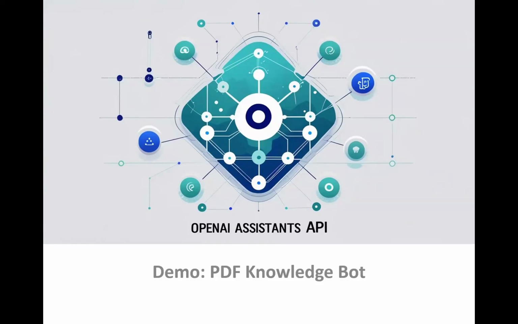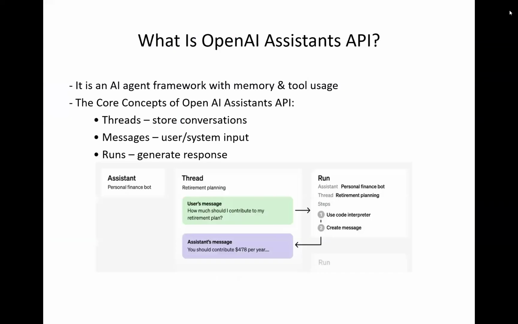We'll just discuss the demo version, what is what. You people know that with OpenAI we can do so many things. Here the demo use case is a PDF knowledge bot. That is what we are going to see. Okay guys, let's go to the next screen.